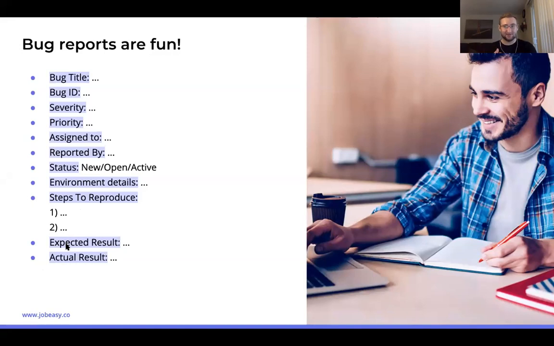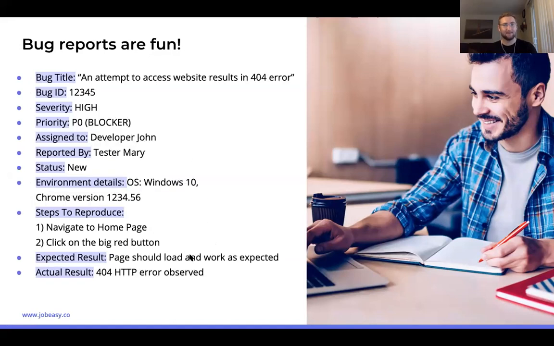Let's see how it actually looks when we fill in the data. Okay, this is an example of a bug report. Maybe if you watched the first lesson, you remember where Max was trying to access a web page.